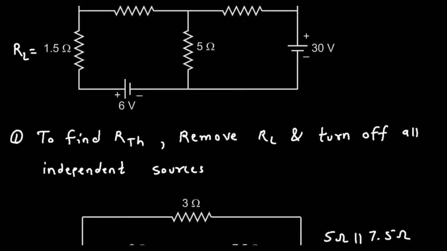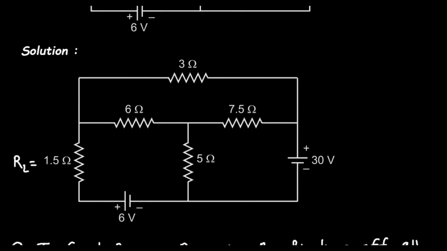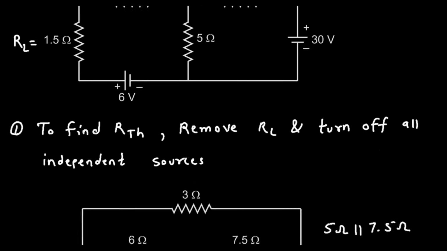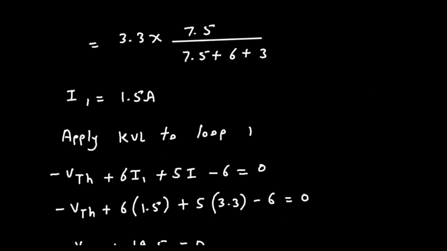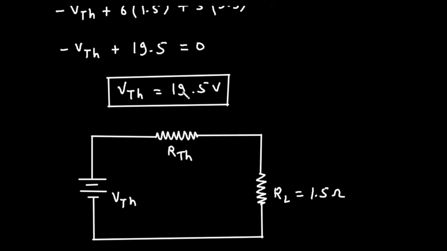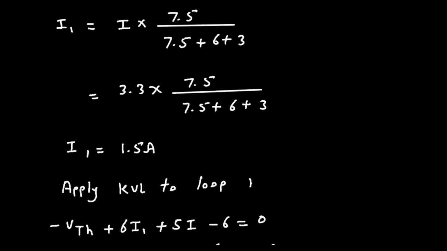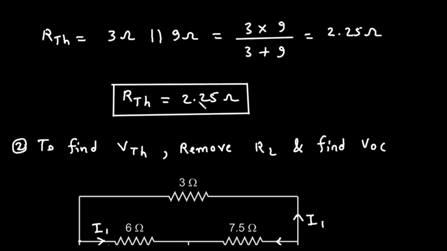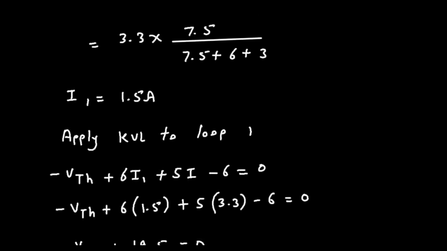The value of load resistor RL is 1.5 ohm. Now the value of VTH is 19.5 volt. And the value of RTH is 2.25 ohm.